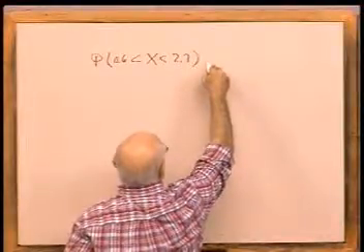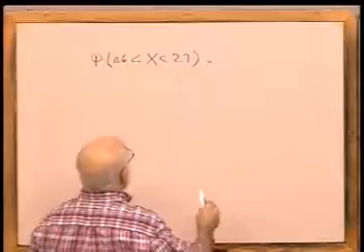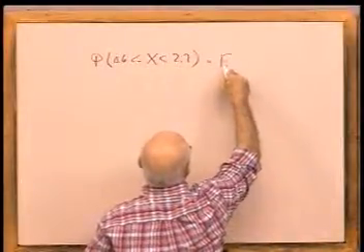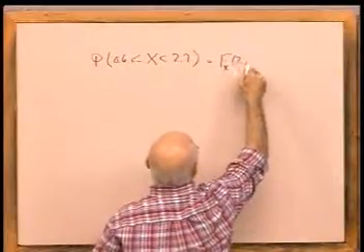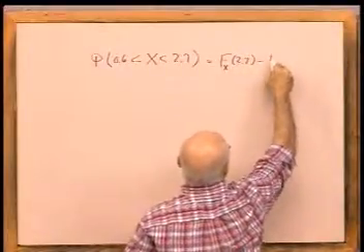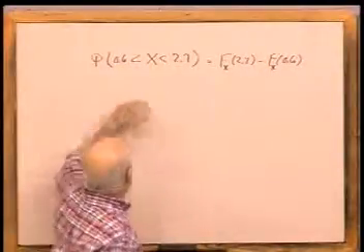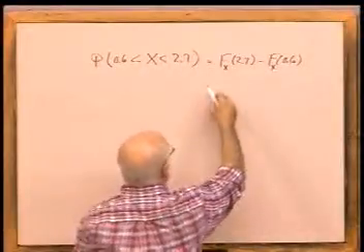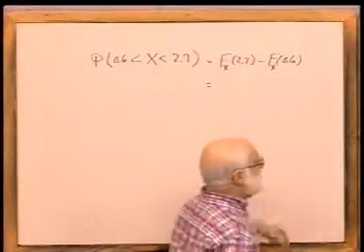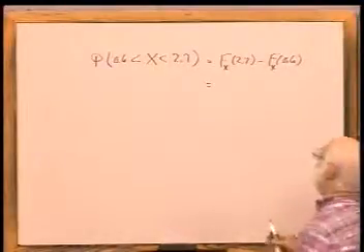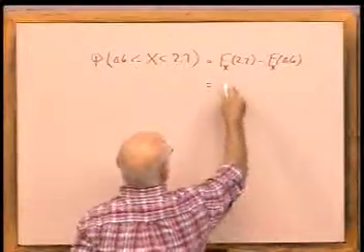Now, what is this probability? We can do this various ways. First, let me calculate it as the distribution function of x evaluated at 2.7 minus the distribution function of x evaluated at 0.6. That's what the formula says. This is A, that's B. What's capital F of 2.7? If I go over to the formula, I find that if t is greater than 1, which 2.7 is, then F of that is equal to 1.